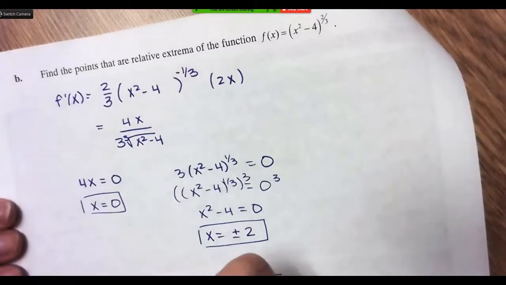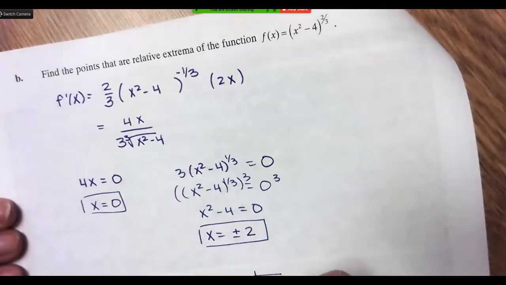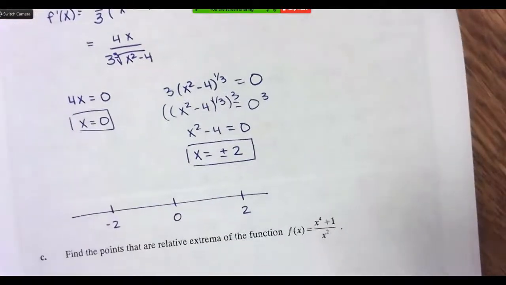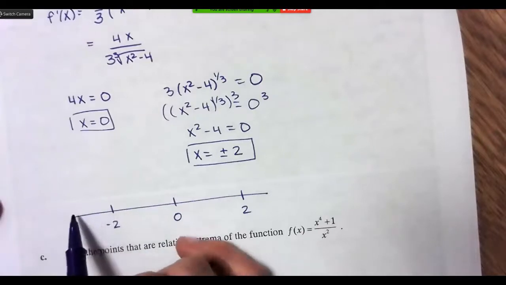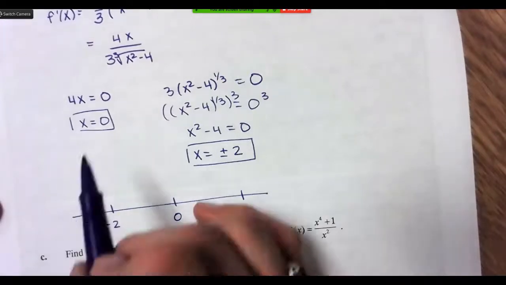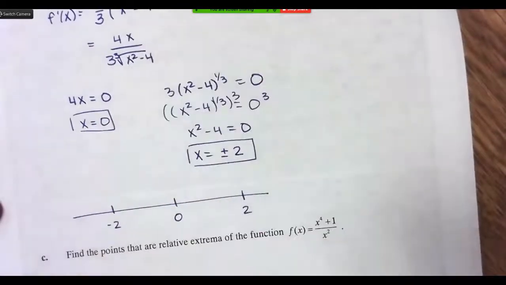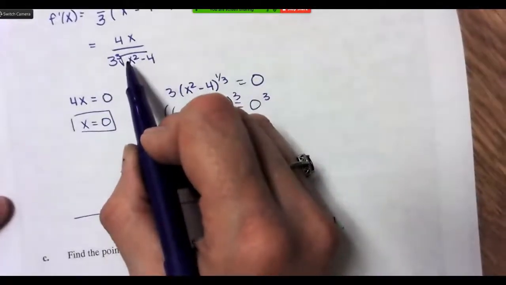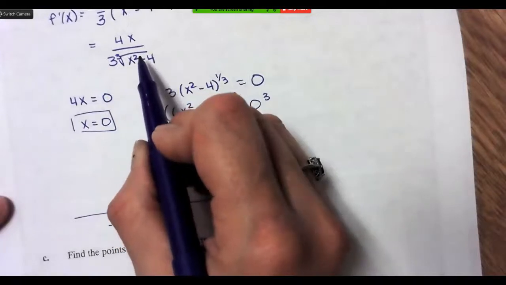So to find the relative extrema, I have to look for the sign changes surrounding -2, 0, and 2. So plugging in something like -3, we get a negative on top. -3 squared is 9. So 9 minus 4 is 5.